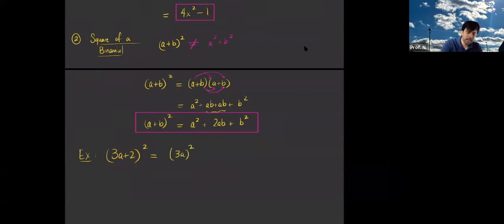This a here represents the first term. Square it. Then I add 2 times the first term times the second term. And then the last term, I square it. Do you see how I immediately get the result without having to FOIL things out anymore? Because it's a special product. And this becomes 9a squared plus 2 times 3 times 2, which is 12a, plus 4.